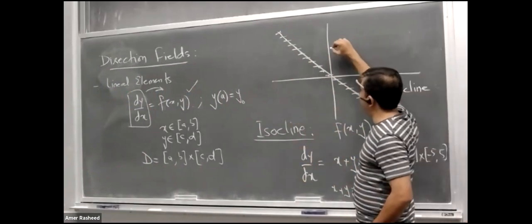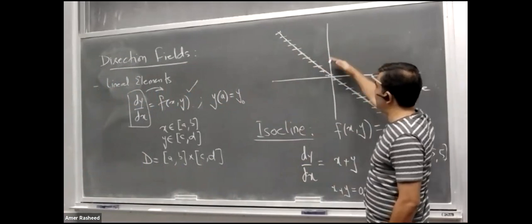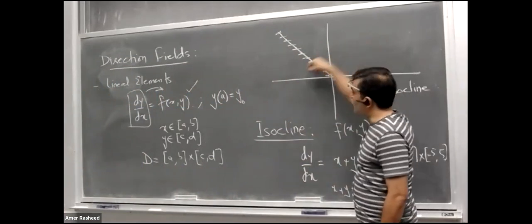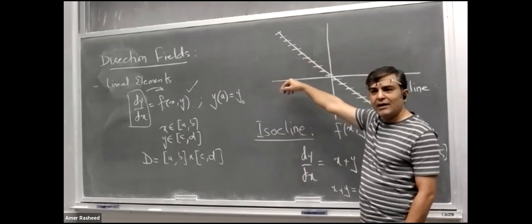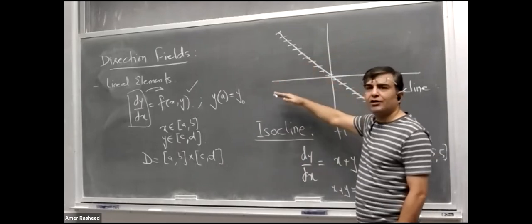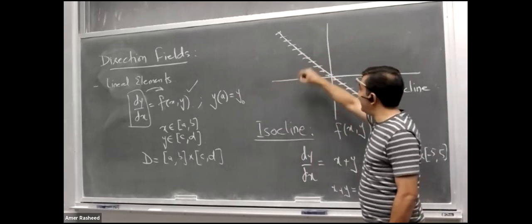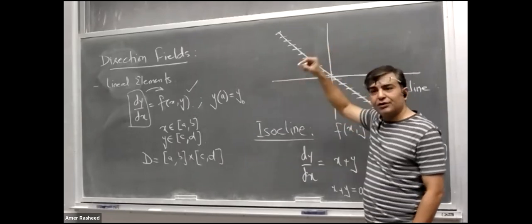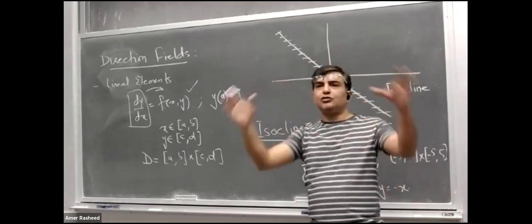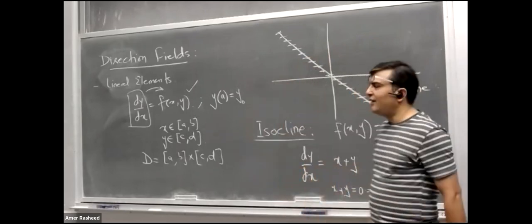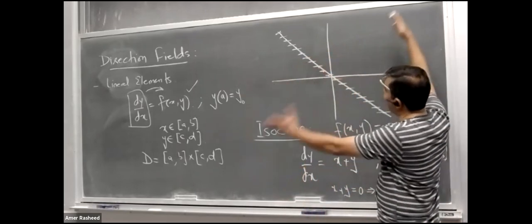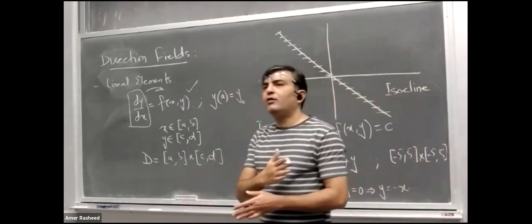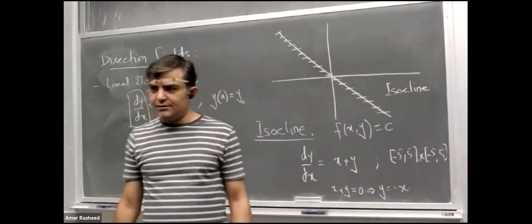The solutions in this portion of the xy plane cannot cross this isocline, and solutions on this portion of the two-dimensional plane cannot cross this isocline and go to the other portion of this two-dimensional plane. Okay. In fact, isoclines divide the regions of the solutions of first order differential equations.